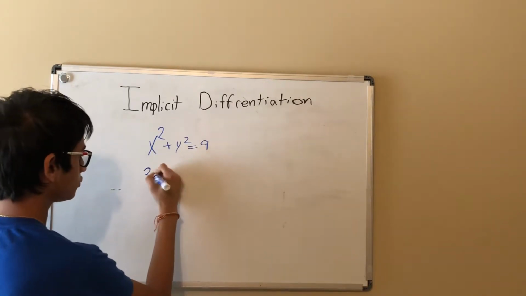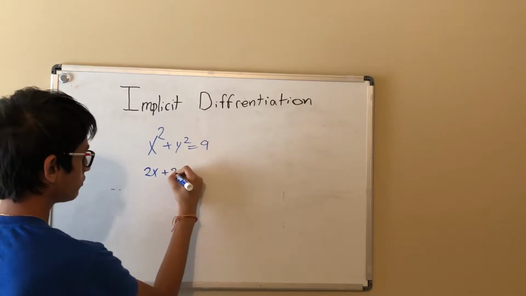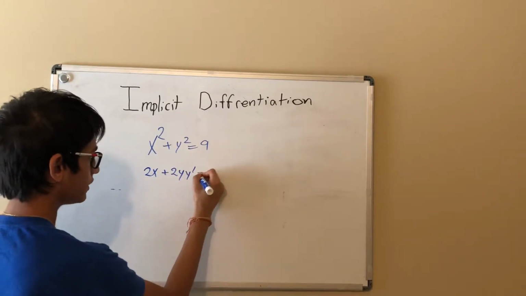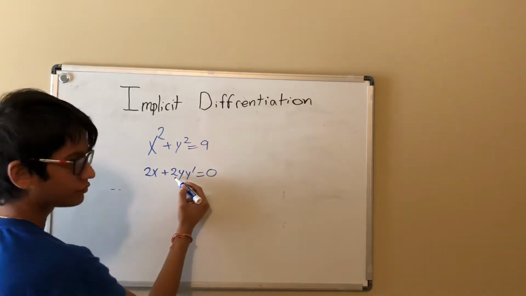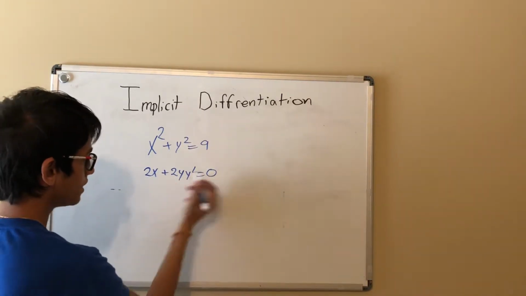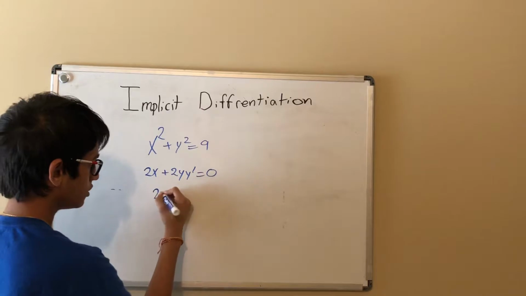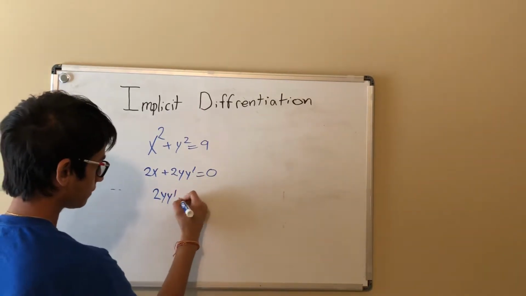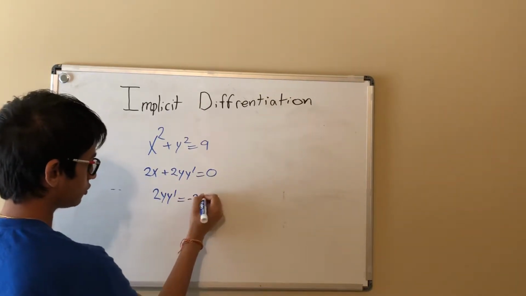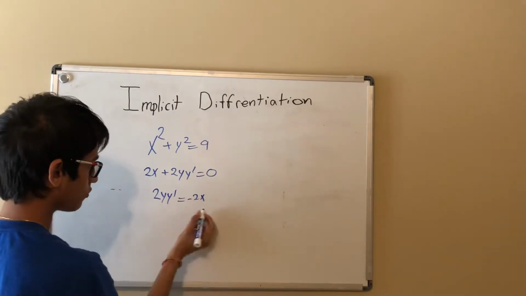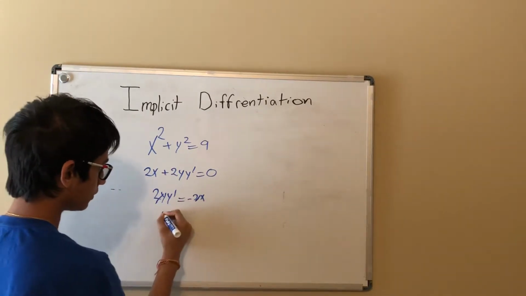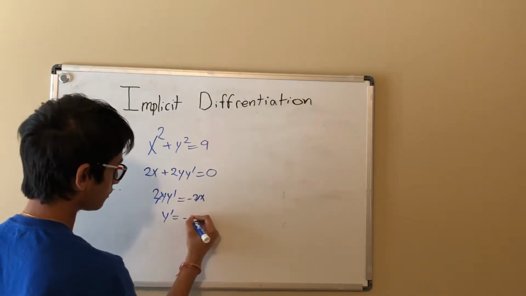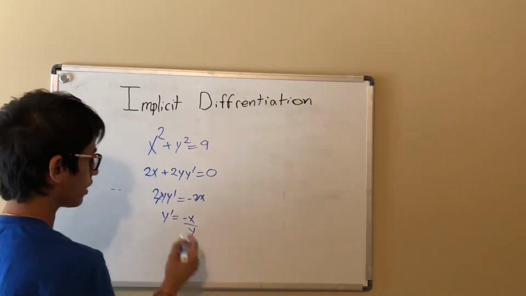So 2x plus 2y y prime equals 0. Notice how there's a y prime every time I take the derivative of y. You move the 2x onto that side, so 2y y prime equals negative 2x. Divide by 2y on both sides, the 2's cancel out, and you're left with y prime equals negative x over y.